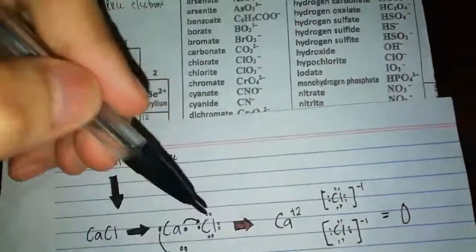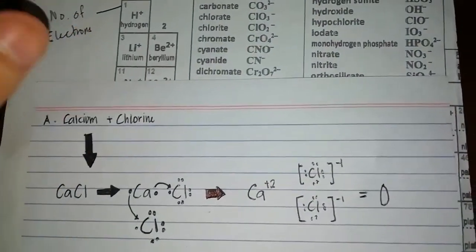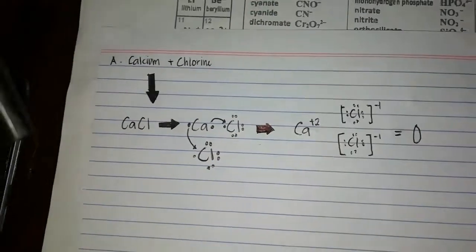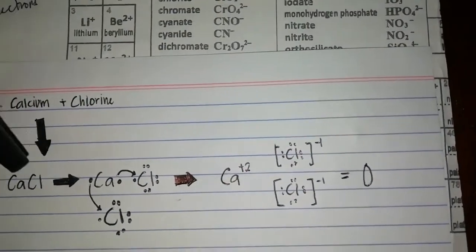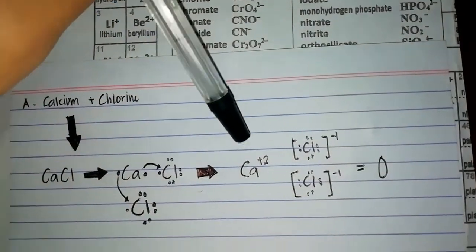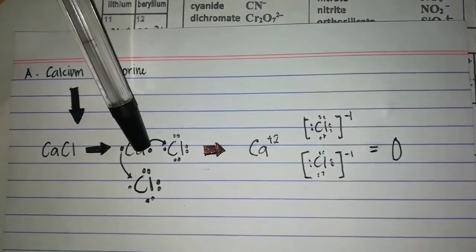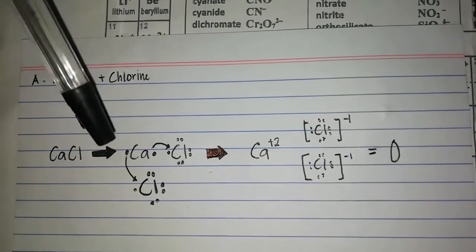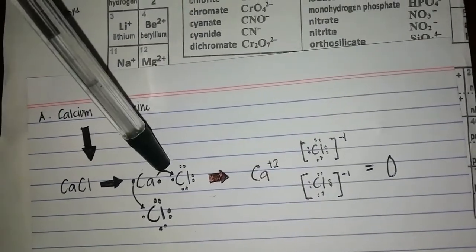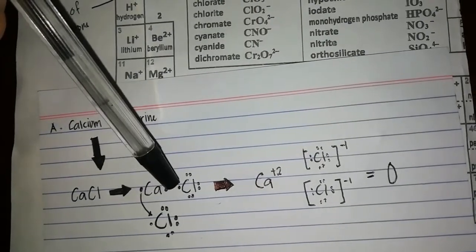And then the next step is we're going to put the charge of each released valence electron. For the Ca, it releases 2 valence electrons, therefore it has a 2 positive charge. Then for the Cl, since it borrows the valence electrons of the Ca, it has a negative charge for each.